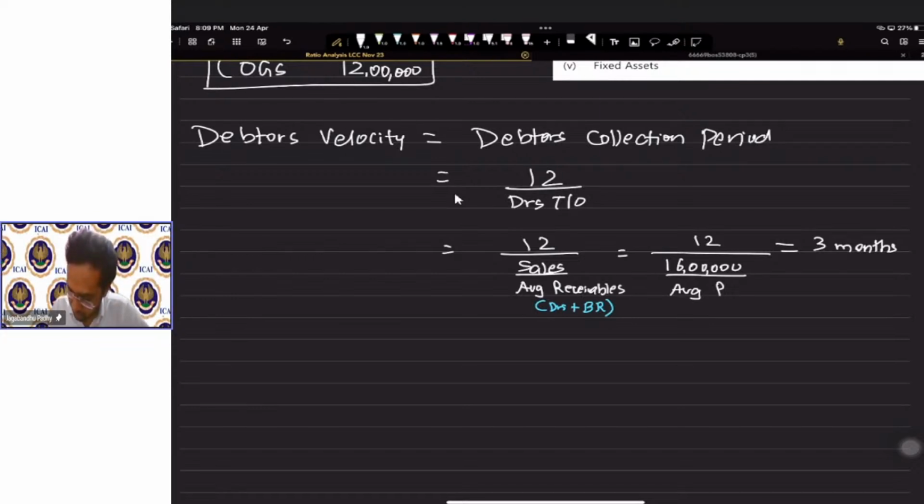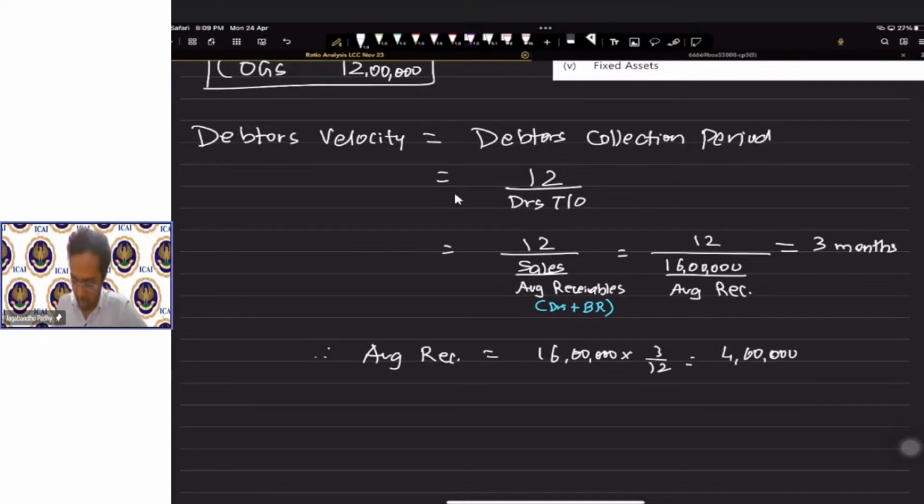By solving this, we can say that average receivables is 16 lakh into 3 by 12, that's 4 lakh.